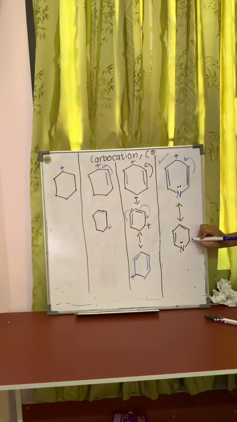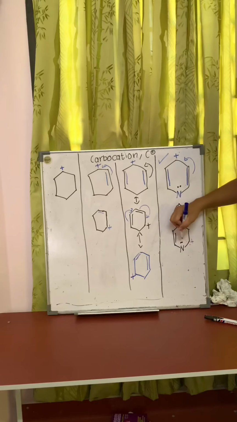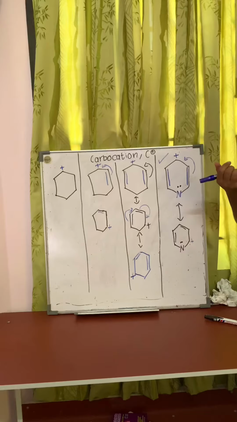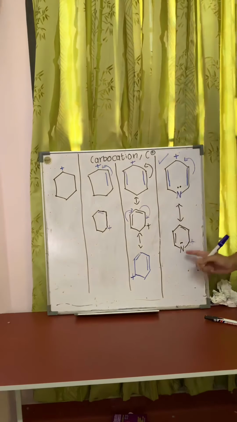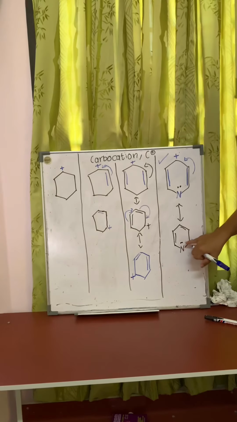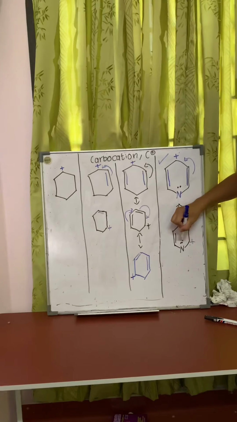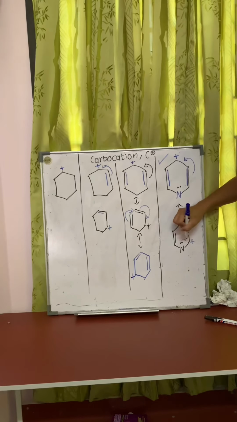The positive charge will be here, and then we can use the lone pair to make a new bond. As we can see, the nitrogen has a lone pair, so with this lone pair, it will form a new bond here.